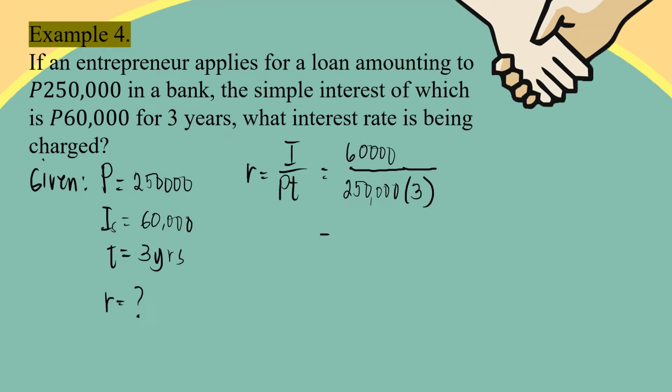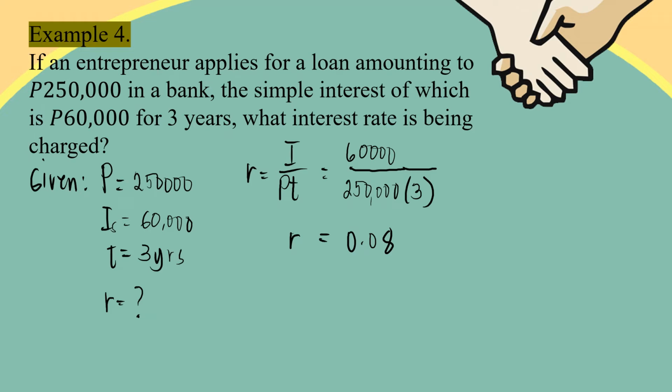Input lang ulit yan sa ating calculator. 60,000 pesos divided by 250,000 times 3. Ang mako-compute natin dyan ay 0.08. Ito ngayon yung magiging rate. Or, since rate yan, kailangan naka-percent.